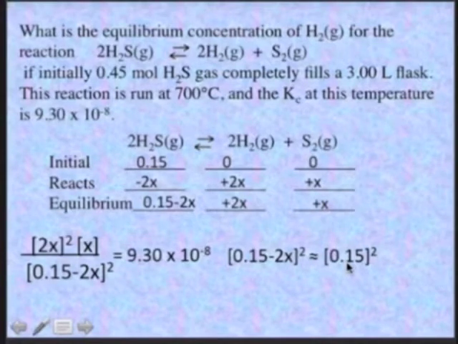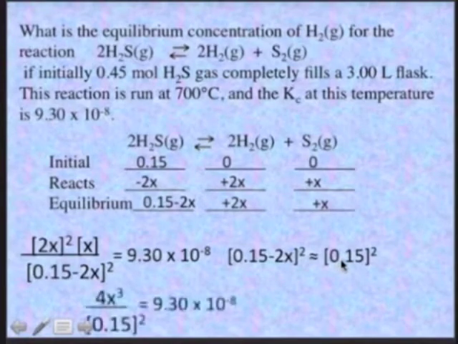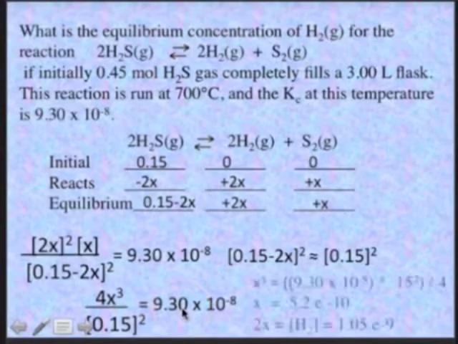So we get rid of our quadratic equation by doing this simplification. Now the problem is really easy to handle. It's going to be 4x cubed, right? 2x squared is 4x squared times x is 4x cubed divided by 0.15 squared equals the Kc value.